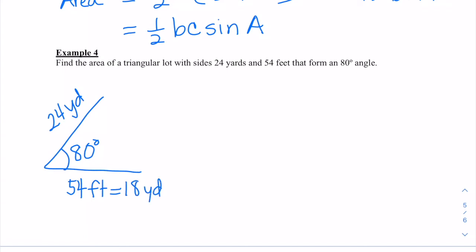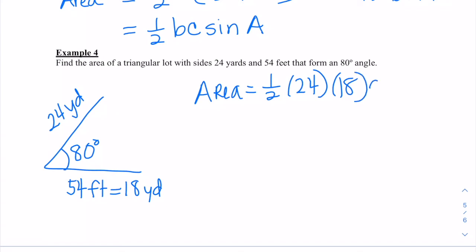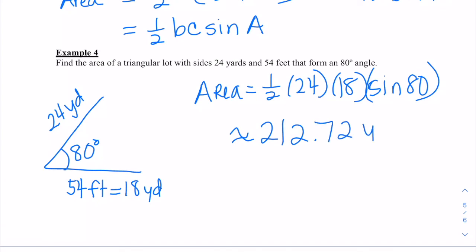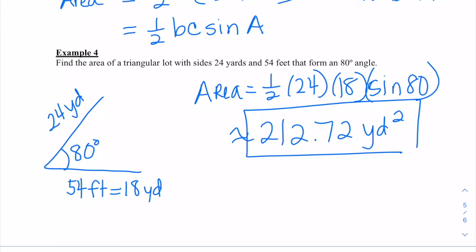So to find the area, it would just be 1/2 times 24 times 18 times the sine of 80. And so that's going to be approximately 212.72 yards squared. Okay, so using the two sides and the included angle.